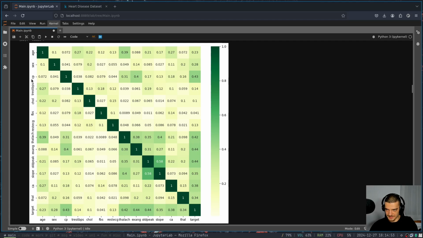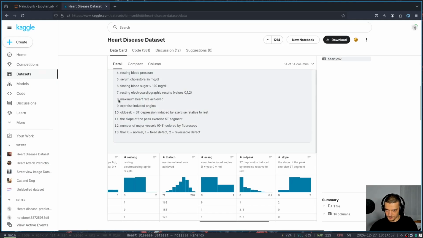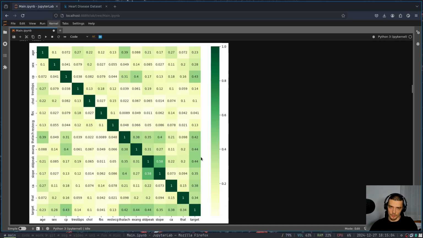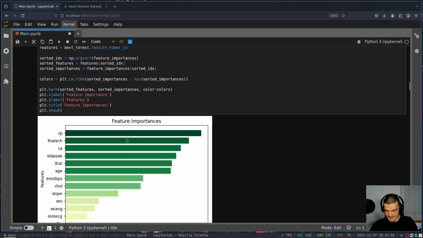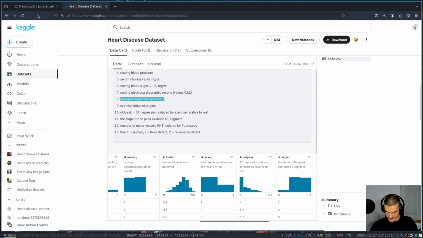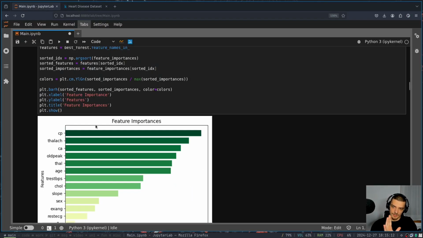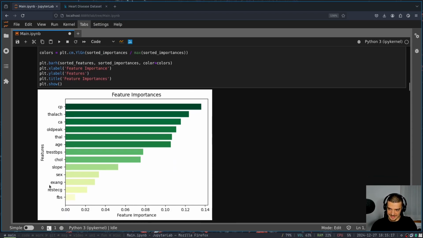And then we have the chest pain type, and we have the, what is that? Maximum heart rate achieved. So these are also important. But when we look at the feature importances, we can see that the chest pain type and the, what was it again? The maximum heart rate achieved are more important than oldpeak, and definitely more important than the exercise-induced angina.